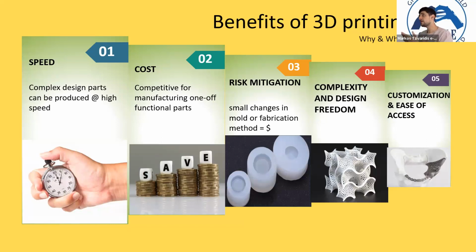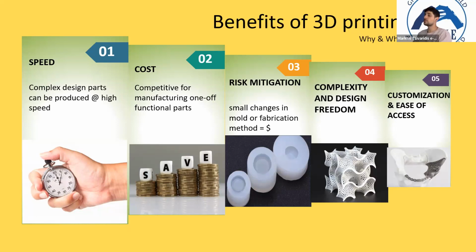You may decide to 3D print it and not create a mold for it. Also, the risk mitigation. As I said, the trial and error mode means that small changes could be mandatory for an object to perfectly fit in a place, something that cannot be achieved in the first try.